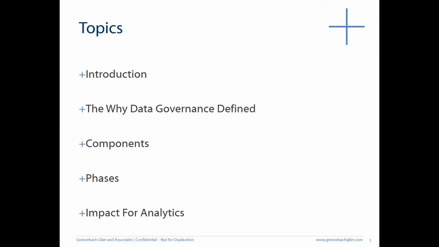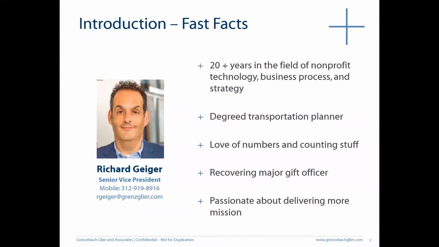So where we'll start is with introductions. For those of you that don't know me, there's my mugshot. My name is Richard Geiger, and I've been in the nonprofit technology business process and strategy business for more than 20 years.